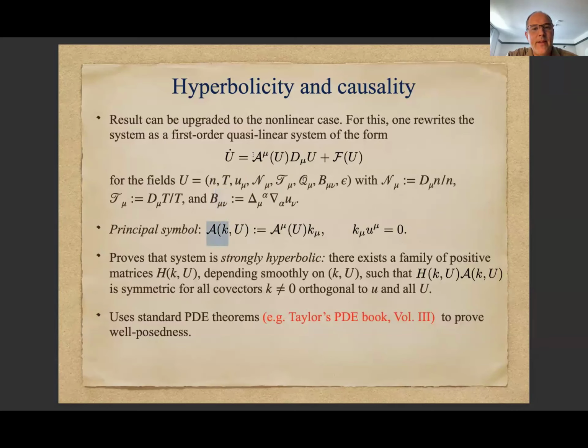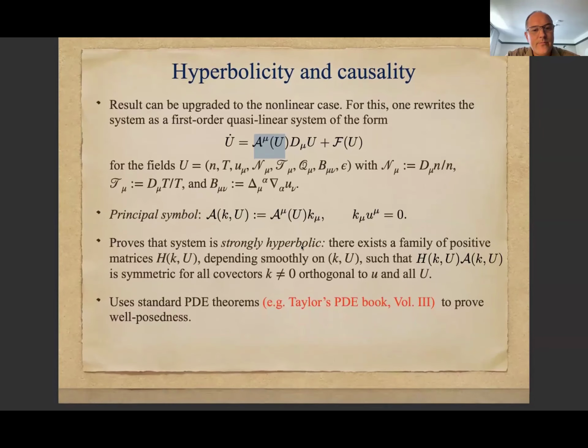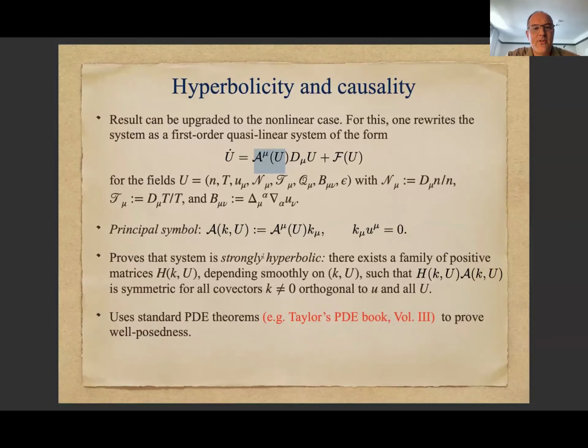Then you look at the principal symbol. You dot this A mu with k, which is a covector orthogonal to u, or which has u in its kernel if you want. And then you prove that the system is strongly hyperbolic.